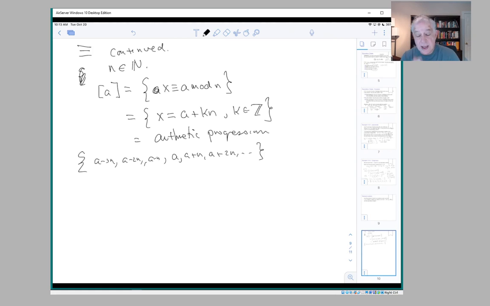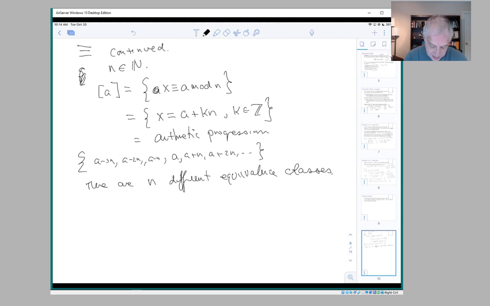So the equivalence classes are these arithmetic progressions with step size n, and there are n different equivalence classes, because they correspond to 0, 1, up to n minus 1.